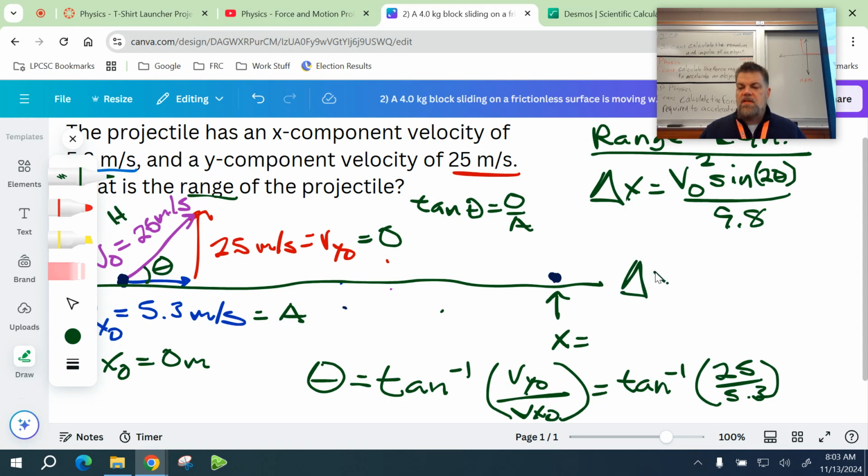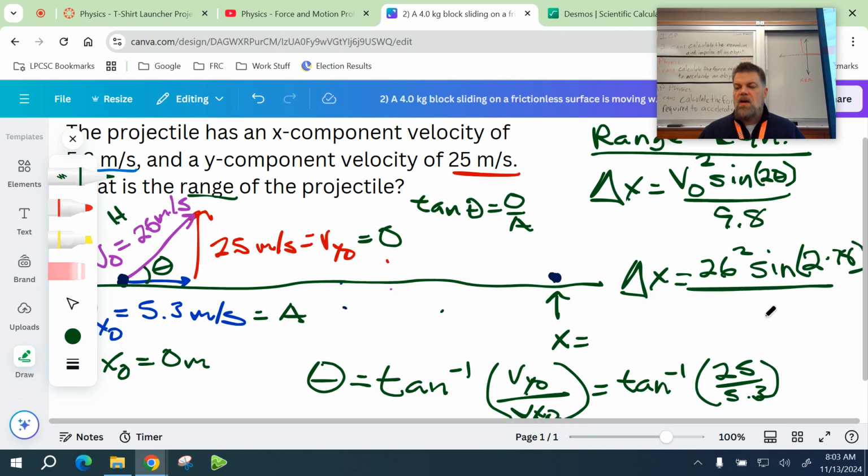So then my delta x, the range that it travels, is v naught squared, and v naught is just 26 meters per second. That's why they gave us the x and y components, so we could figure out the angle. So we would say 26 squared times sine of, in parentheses, 2 times 78, all over 9.8.